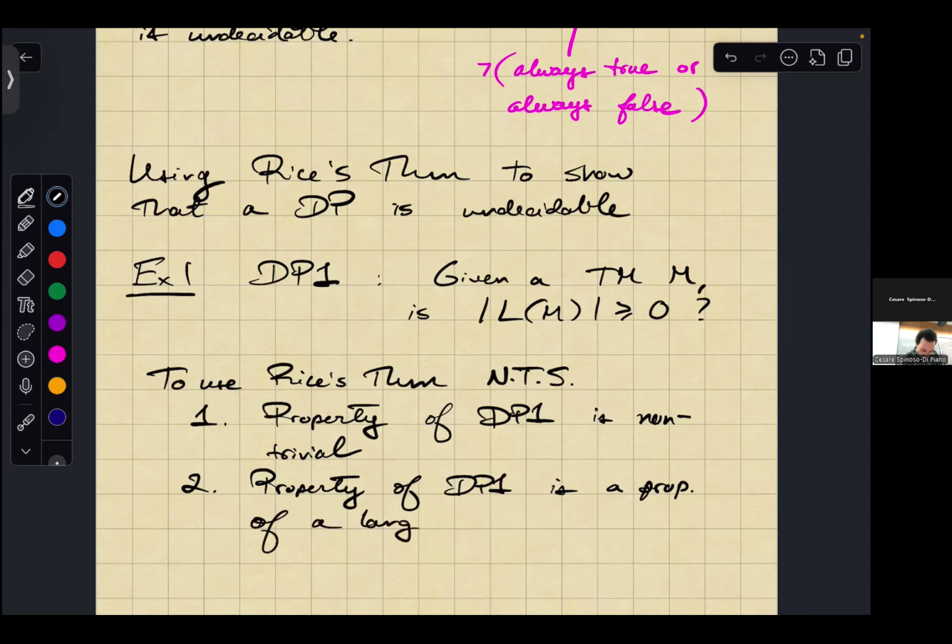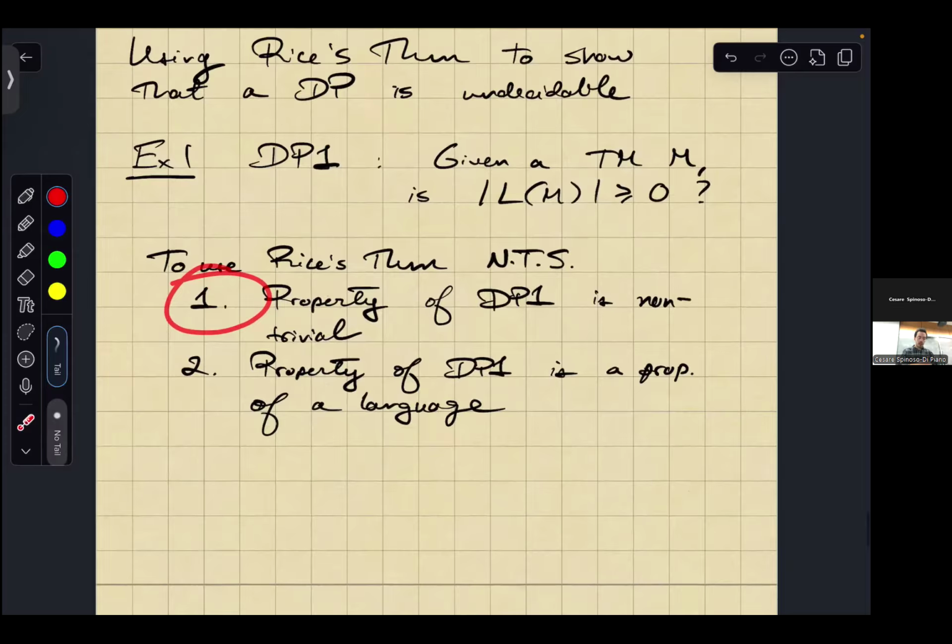Okay, so let's start with this first one. Can I show that the property of this decision problem is non-trivial? No. Why? Because given any Turing machine M, the language accepted by M will have a cardinality of at least 0. You can't have a cardinality of -1. That doesn't make sense. It's like I take away a string from you.